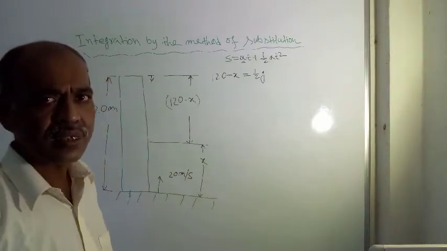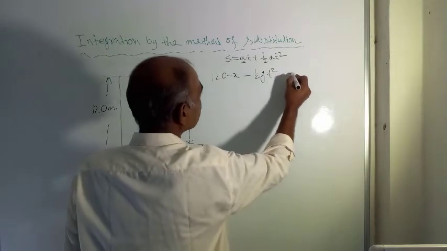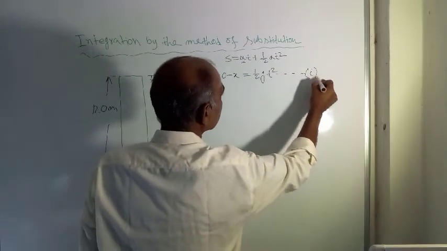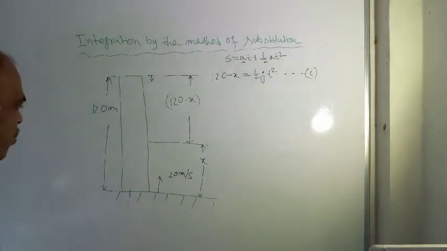This is equation number 1, for the stone which is coming in the downward direction.